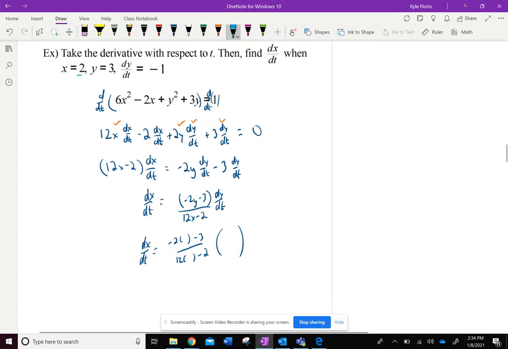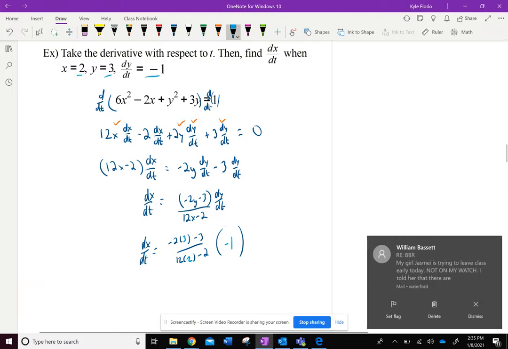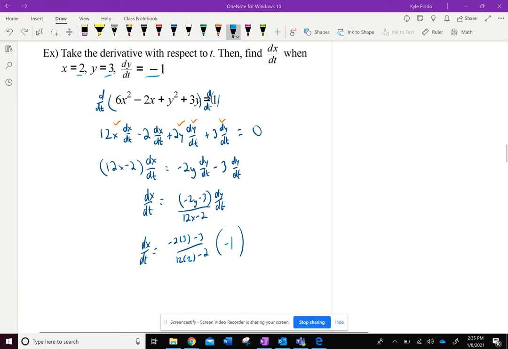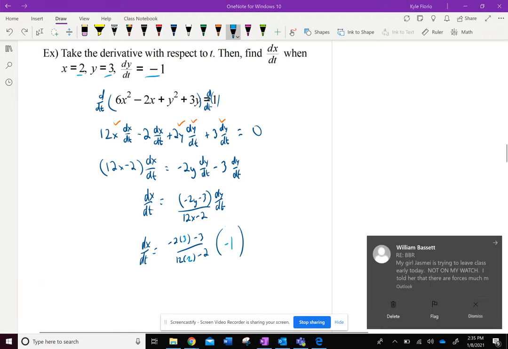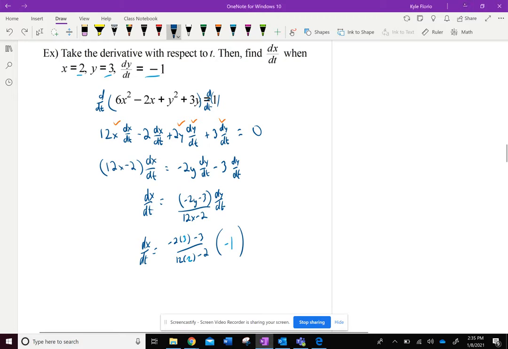So x is 2, y is 3, and dy/dt is negative 1. So just plugging those numbers in. So let's see here. It's going to be negative 6 minus 9 is negative 12.